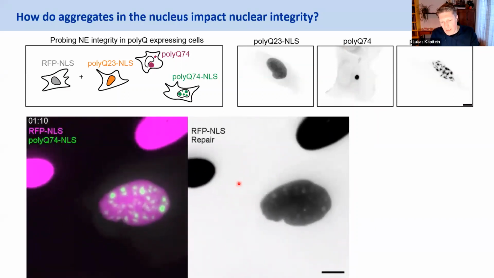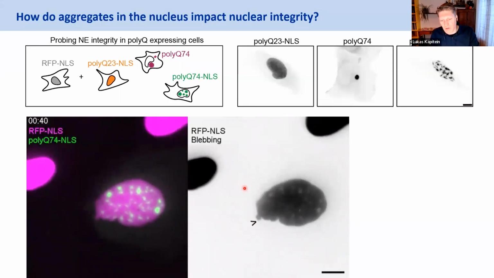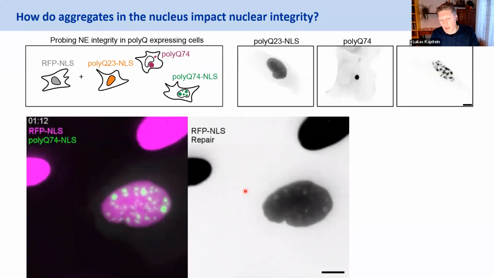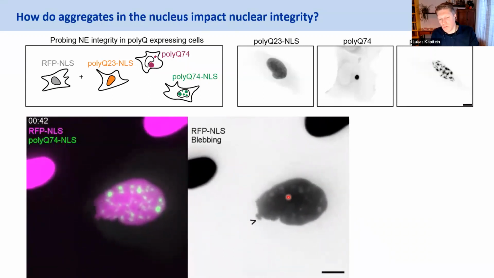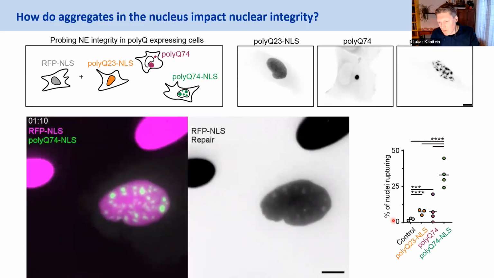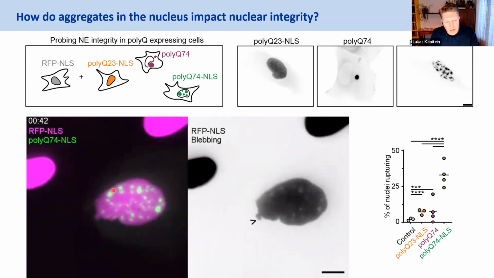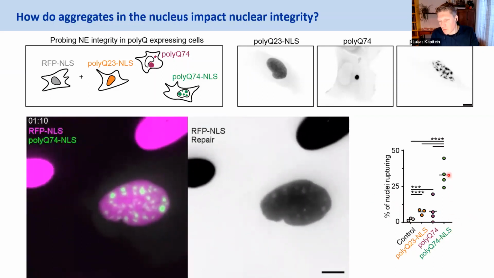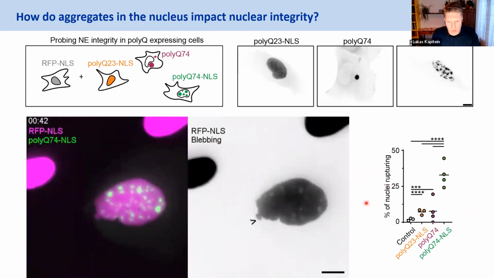And this is, of course, problematic, but the cell, in principle, is able to repair this very quickly using ESCRT proteins, and therefore the original distribution is restored. But we found that, well, you always have a bit of ruptures in cells, but when you have these aggregates in the nucleus, you have much more ruptures. So almost a third of the cells in our experiments would undergo a rupture.